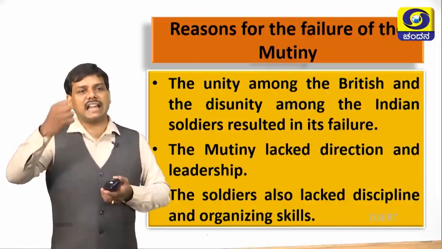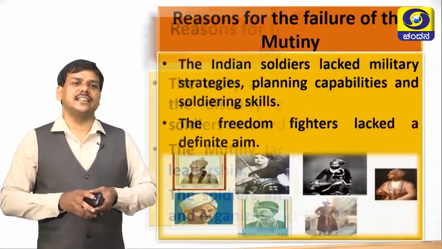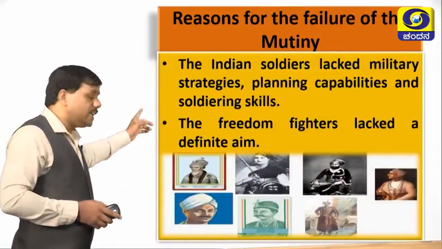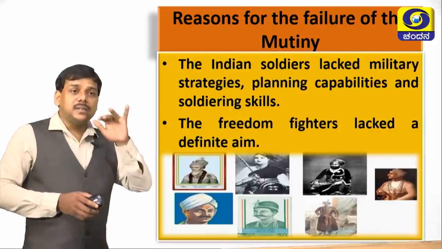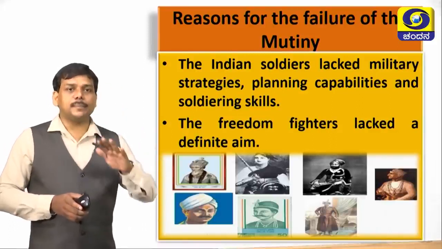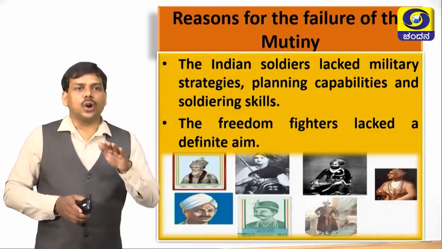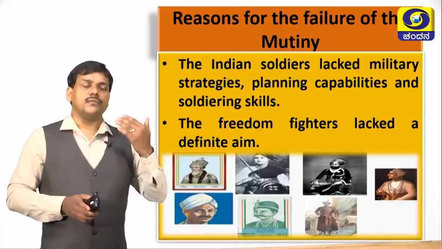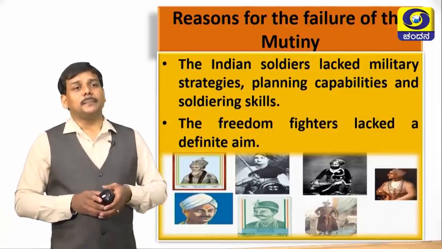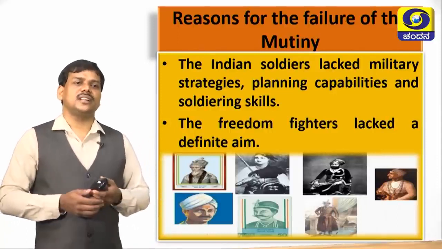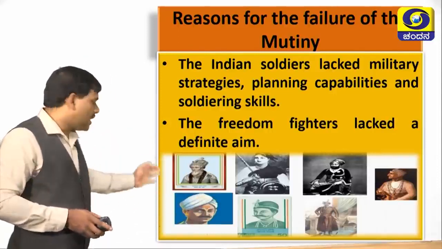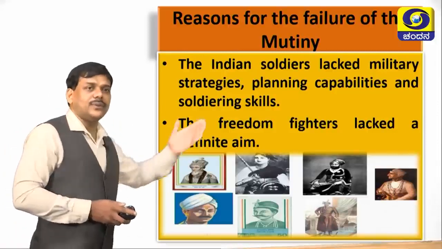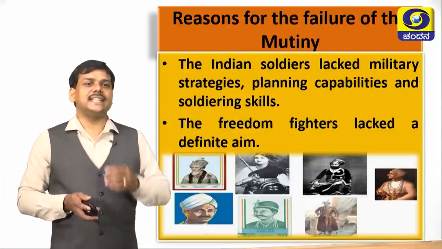The soldiers lacked discipline and organizing skills, and also the Indian soldiers lacked military strategies, planning capabilities and soldiering skills. All strategies, planning skill were there among the British soldiers, but Indians did not have. The freedom fighters lacked a definite aim, whereas the British soldiers, they had aim here.